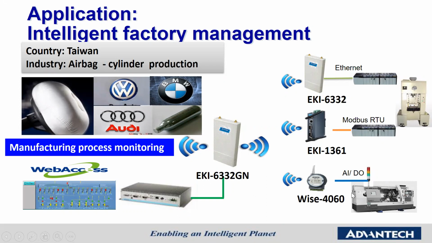In this case, it's just reading the I/O from that stack light, and that's a great use case for the WISE 4060. So in one slide, if there was one slide where you wanted to see, okay, how does this all really work? You have two kind of client applications, I guess three with the 6332, and then this 6332 as an access point. Again, you can substitute 6333 there. It's just a slightly older model there.